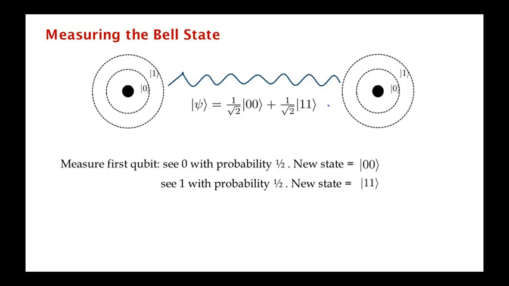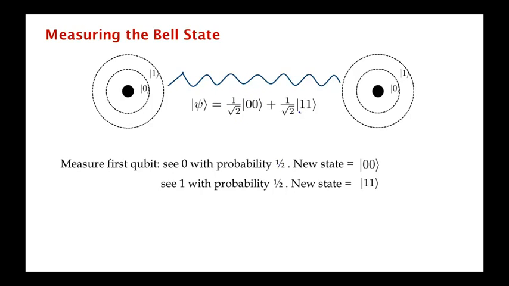What happens when you measure the first qubit? Well, you see 0 with probability the square of the magnitude of this, which is a half. But what happens if you actually happen to see a 0? Remember the rules of measurement?